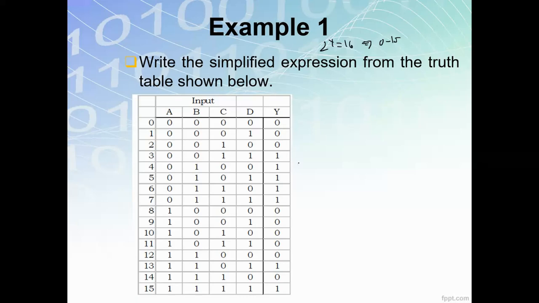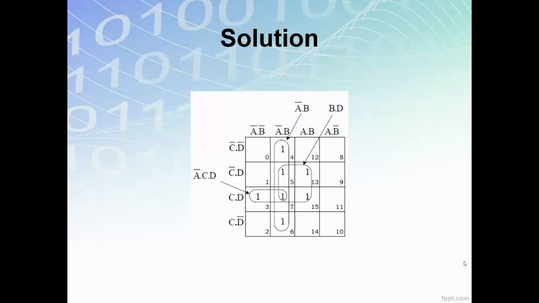We only plot the cells where the output is logic 1. For example, here we have cells 3, 4, 5, 6, 7, 13 and 15. These cells will be plotted into the 4-variable Kmap.